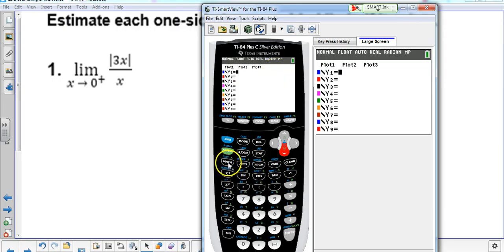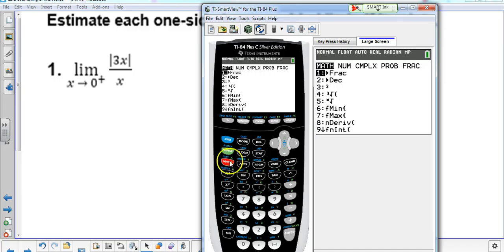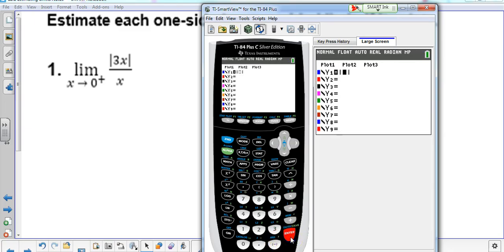I think it was Daniel who said under math, arrow to the right once. There we go. Absolute value of 3x. Now, if you have an older calculator, you have to close the parenthesis at this point. Otherwise, you just scroll to the right to get out of that little absolute value symbol, and then divide by x.